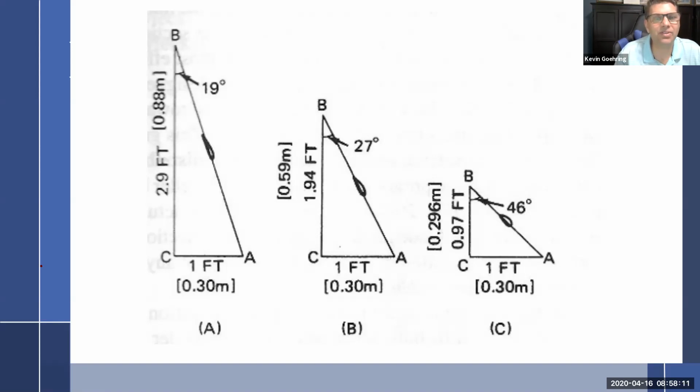What happens if I increase the RPM even a little bit? Well, if I increase the RPM, then this number right here is going to go up, and this number is going to go up, but they're probably not going to go up in a way that keeps the triangle perfect. It's going to change it.